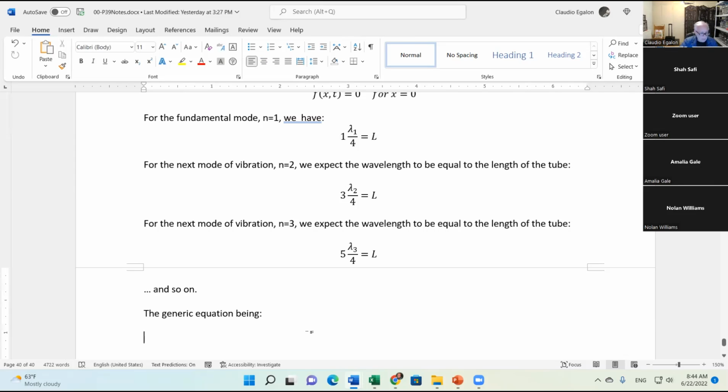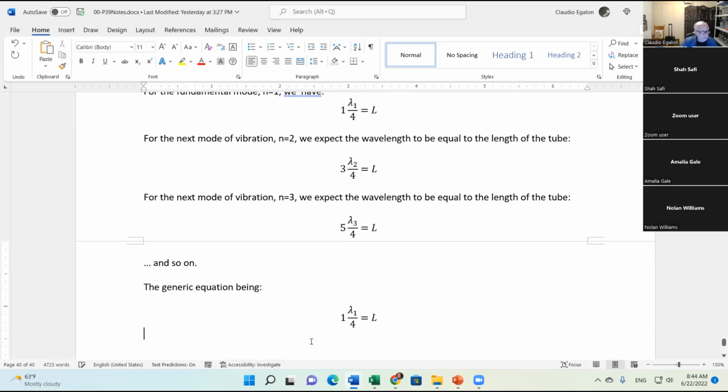Let's see here, it is 1, 3, 5, right? So it should be 2n plus 1, either 2n plus 1 or 2n minus 1, right? Either way works. But if you're going to do 2n plus 1, then the n should start at 0, 1, 2, and so on.